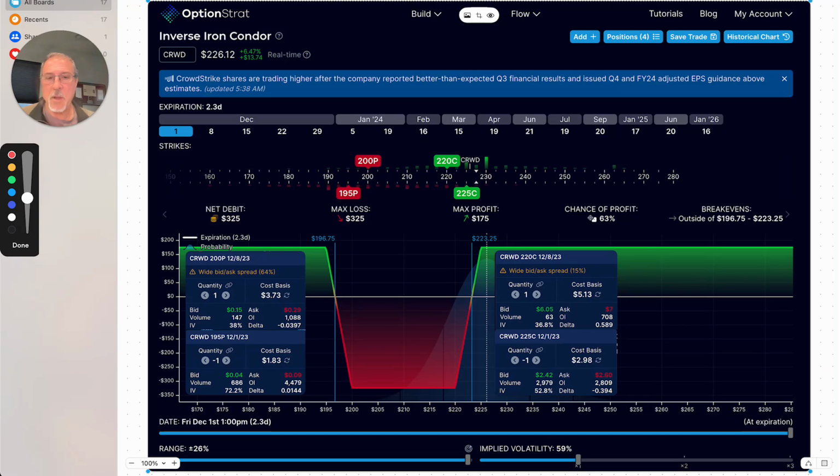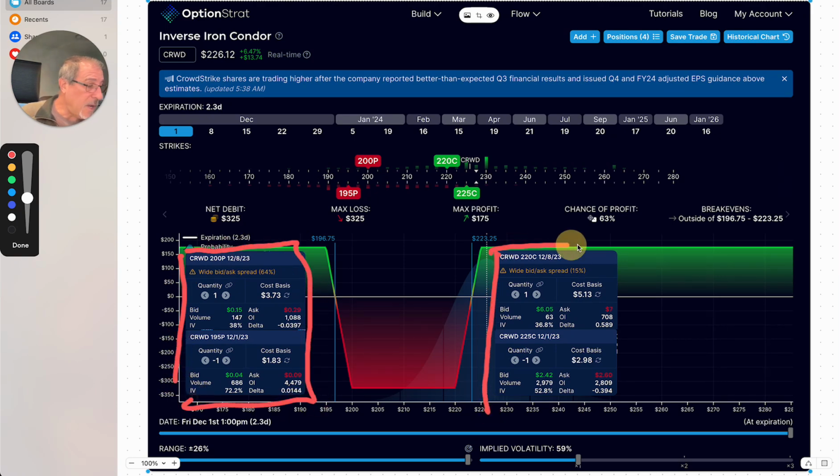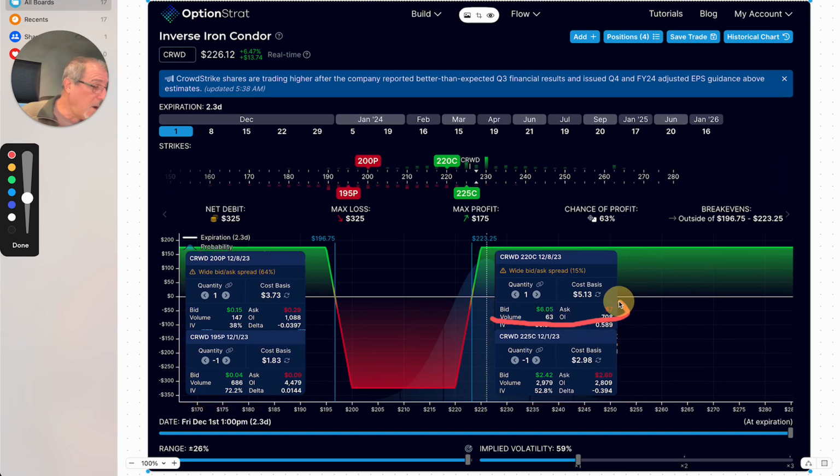So what I urge people to do is, particularly in optionstrat, because we can't easily do this, is go and do exactly what I did here. Enter a trade, mark out all your entry prices, and then look at the trade after the open and see where the pricing in this case has gone to.